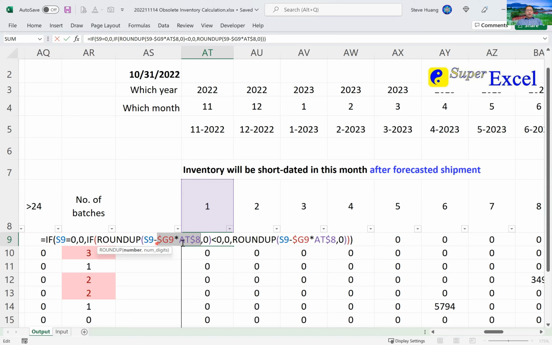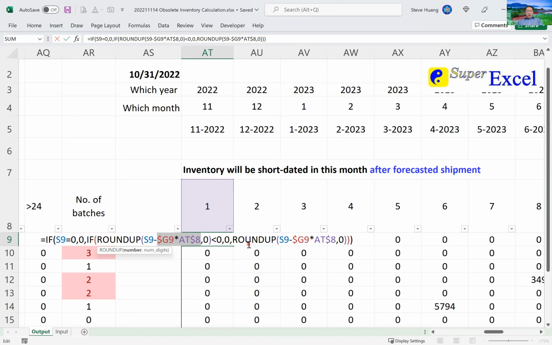If we have leftover, then that amount will be short dated. We cannot ship that to the customer anymore. If that gave me a negative number, that means all that inventory will be shipped out. There'll be no short dated amount after that first month of shipment. When that number is less than 0, just return 0.